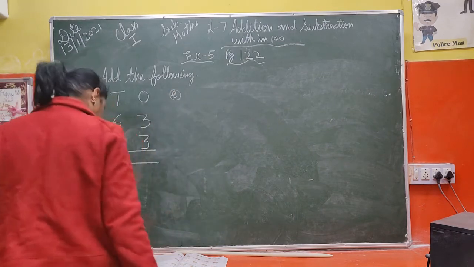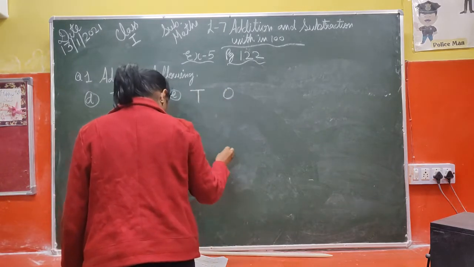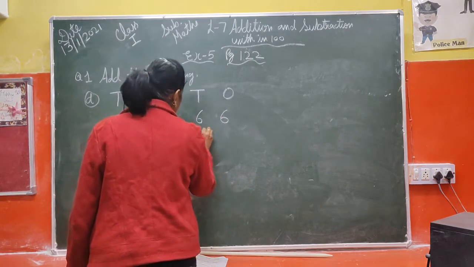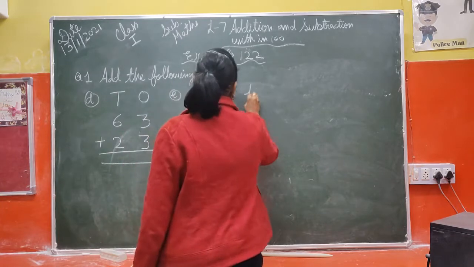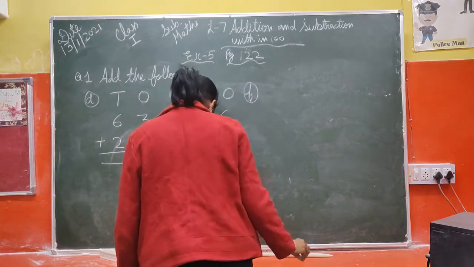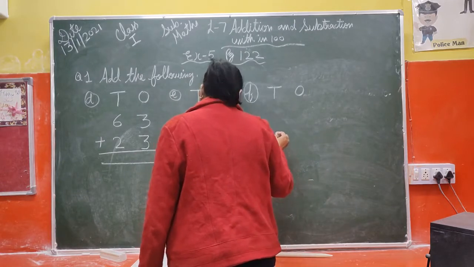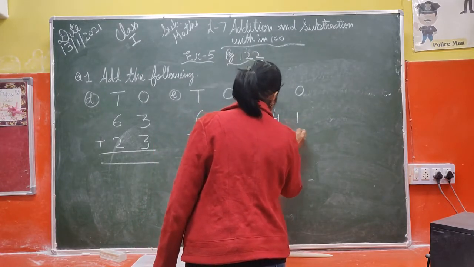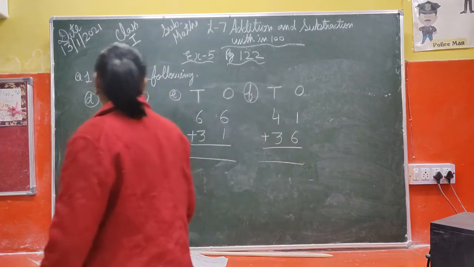Now E is tens, ones, 66 and 31. Okay, F, tens, ones, 41 and 36. So let's start.